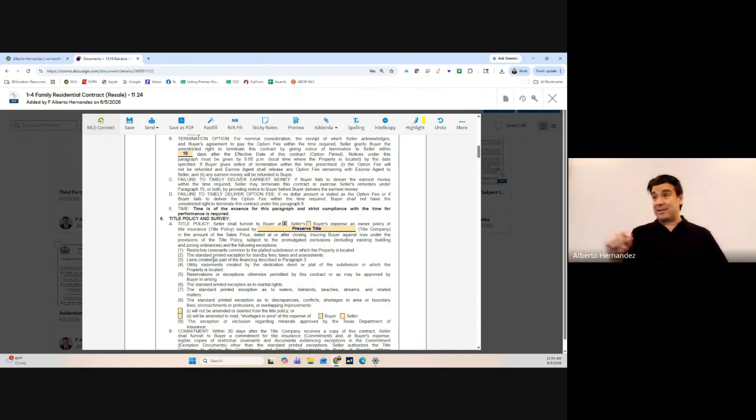What it doesn't guarantee, though, is the actual boundary lines and portions of the property, meaning that if Carol had, I'll give you an actual real world example. When my sister bought her house up in Bulverde, she wanted acreage. She was left here in Stone Oak. And she wanted to have chickens and a dog run and all this other stuff, right? Chickens are all dead, so it doesn't really matter. But back then it was her dream to have them, right?